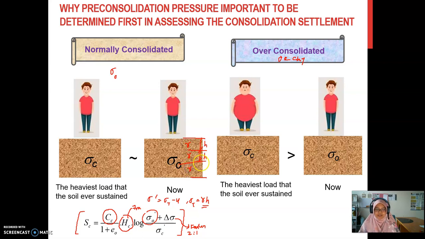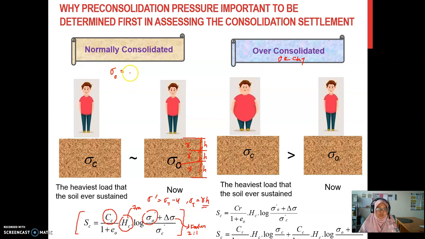Why? Because this will come as the total stress. Let's say I have three different soils, so I might have stress 1 H1, stress 2 H2, stress 3 H3.